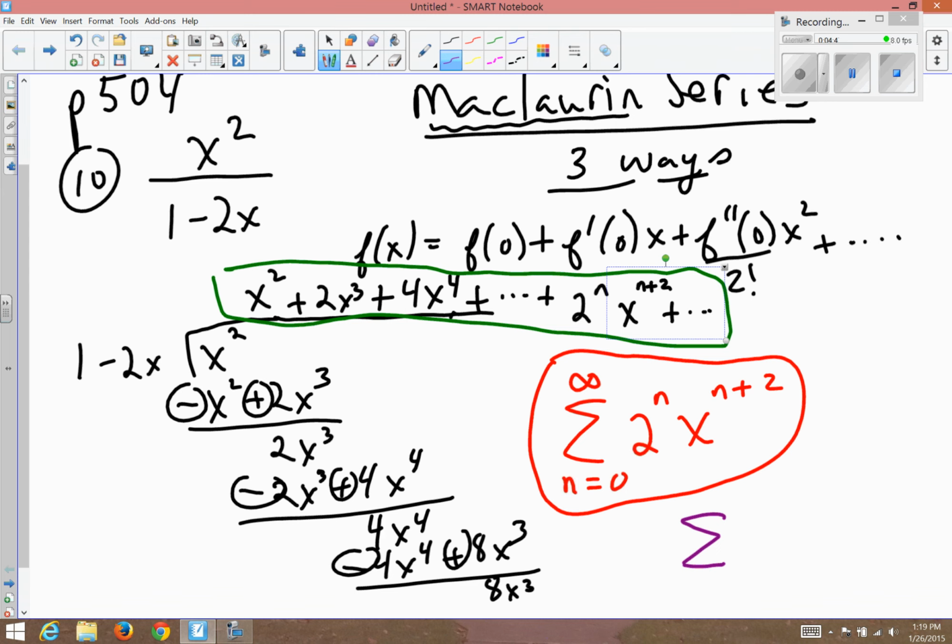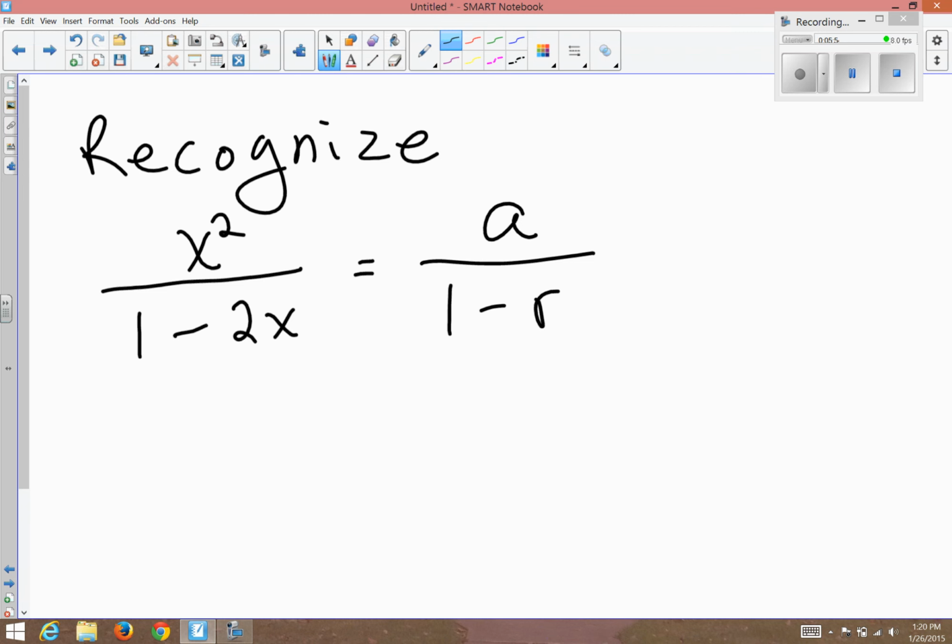I mean anything on top, any term, and a 1 minus on the bottom. If the function is in that specific form, so we need 1 minus on the bottom, then you can say a is that, and r is what's after the minus sign.